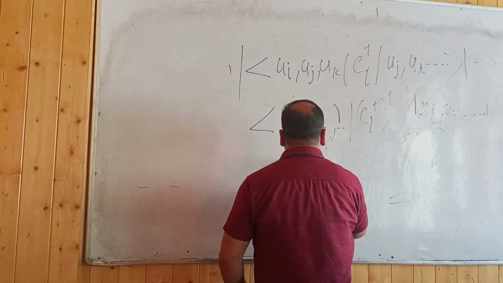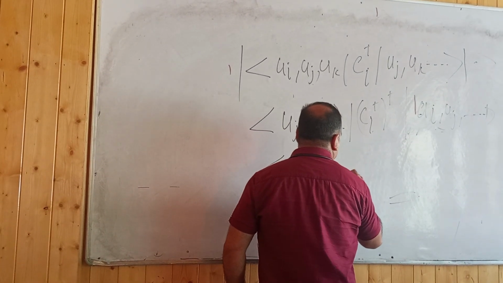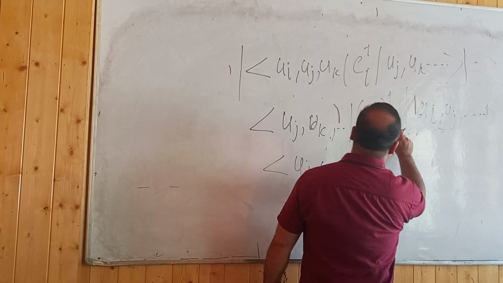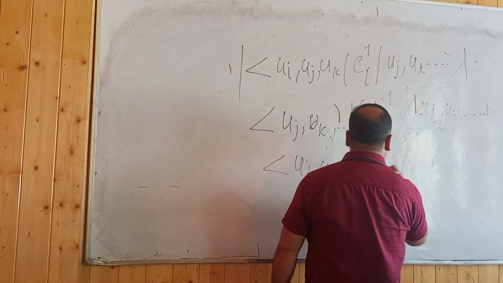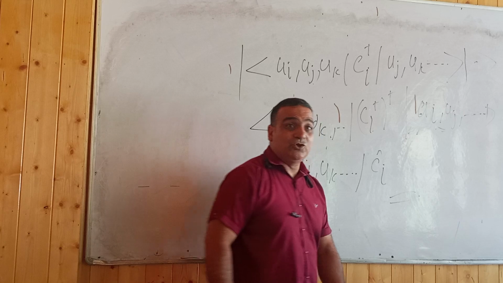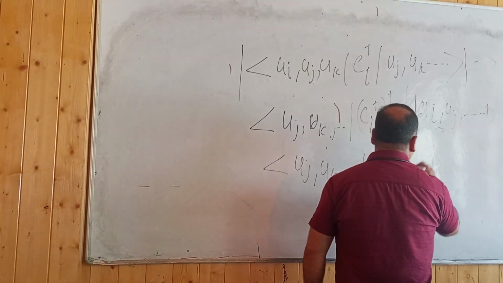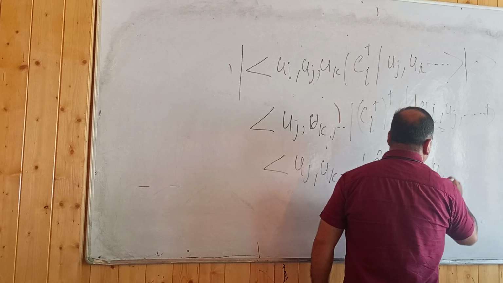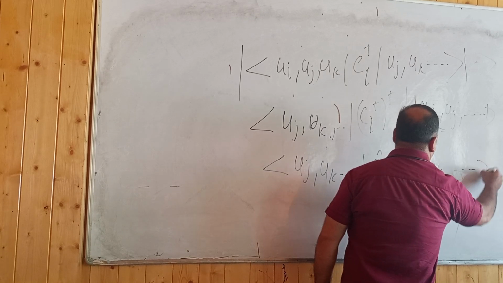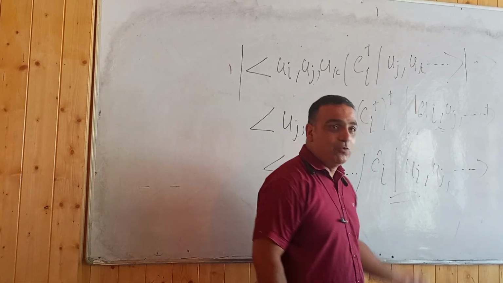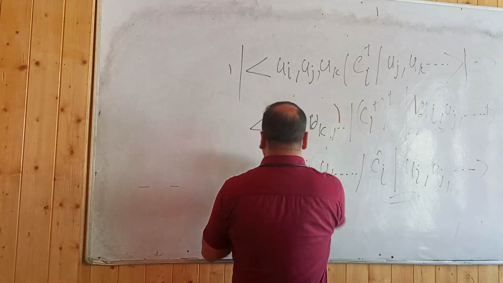So this is UJ, UK, and so on and so forth. So this will give us CI, and it will take the particle from your quantum state. So what is it here? It is UI, UJ, and so on and so forth.